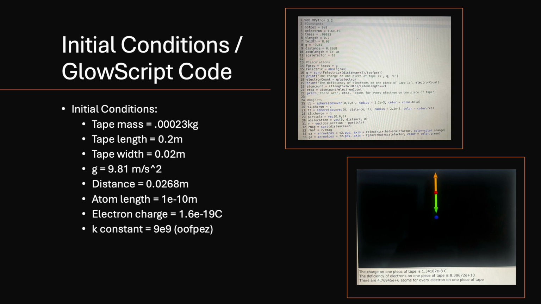So then we're able to find Q because we know the electric force, and then it prints what it is, which you can see on the bottom is the model that it printed. It shows that then we find the atom count and the electrons to atoms ratio. And then at the bottom is where I've defined the objects like the red sphere, the blue sphere, the green arrow, and the orange arrow.